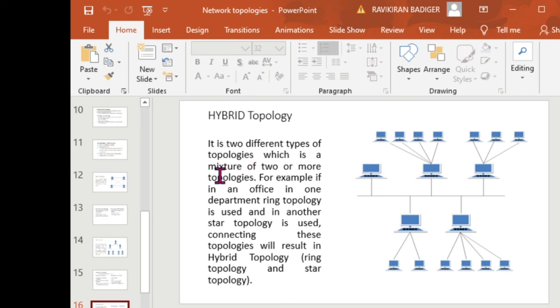For example, if in our office they have set up a ring topology, and in our lab a star topology, then we can combine these 2 networks into a single network, and we can maintain it very easily.